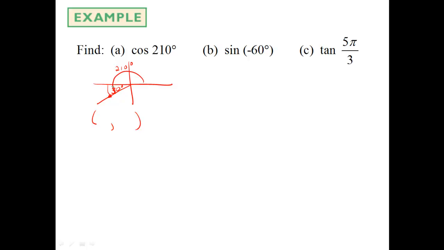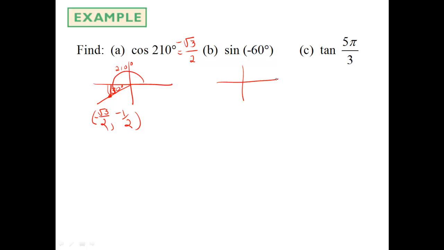So mentally I'm going to sketch in the little triangle here and say, oh yeah, if it's 30 degrees, then the vertical that goes down to the axis is the short one, so the y is the smaller one, and the x then is going to be the bigger of the two. And let's see, I'm in the third quadrant, so they're both negative. So the cosine for 210 degrees is the x-coordinate, so that would be the square root of 3 over 2, and it's negative.